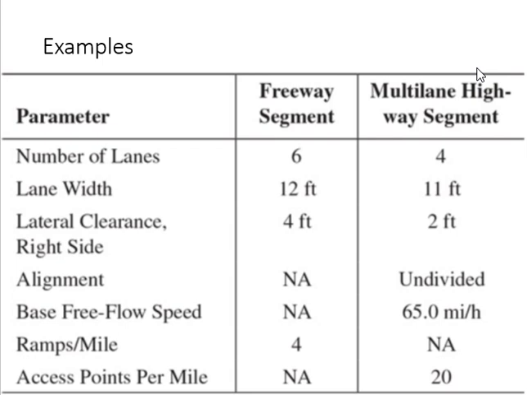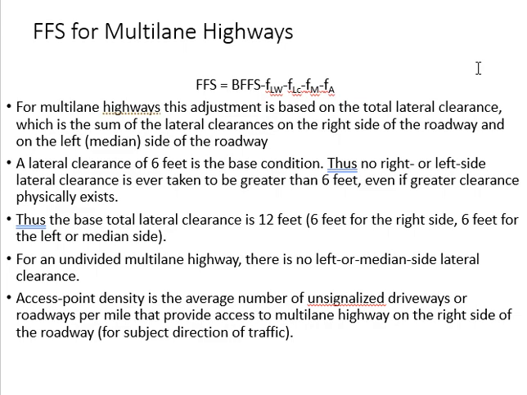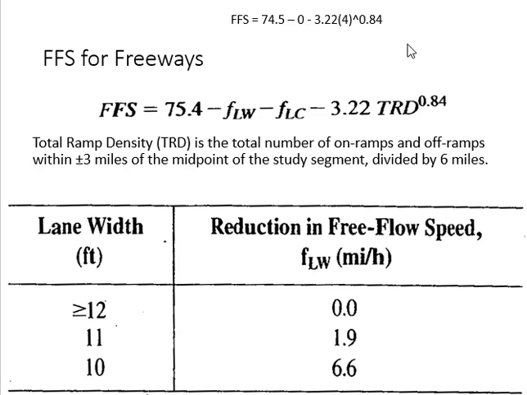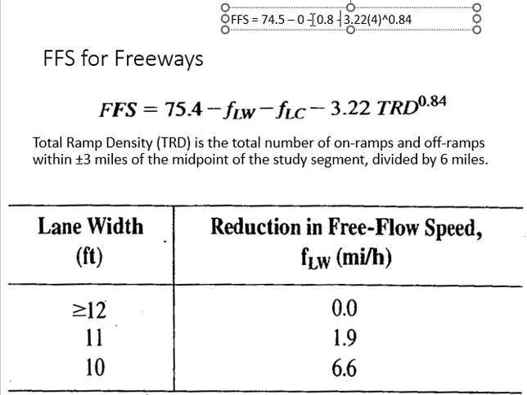So for 4 feet, it's a 6-lane freeway, and lateral clearance is 4 feet. So 6-lane means 3 lanes in one direction. Okay, and 4 feet lateral clearance. How much is the value?